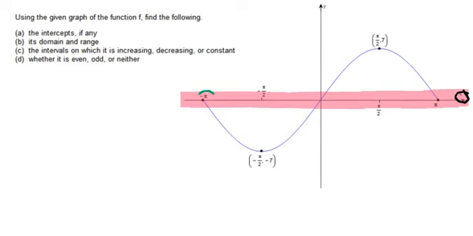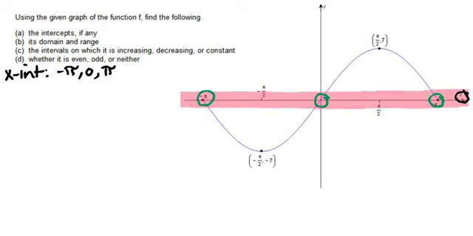We can see that the graph touches the X-axis here, crosses the X-axis here, and touches the X-axis here. So these will be our X-intercepts. We have X-intercepts at negative pi, 0, and pi.